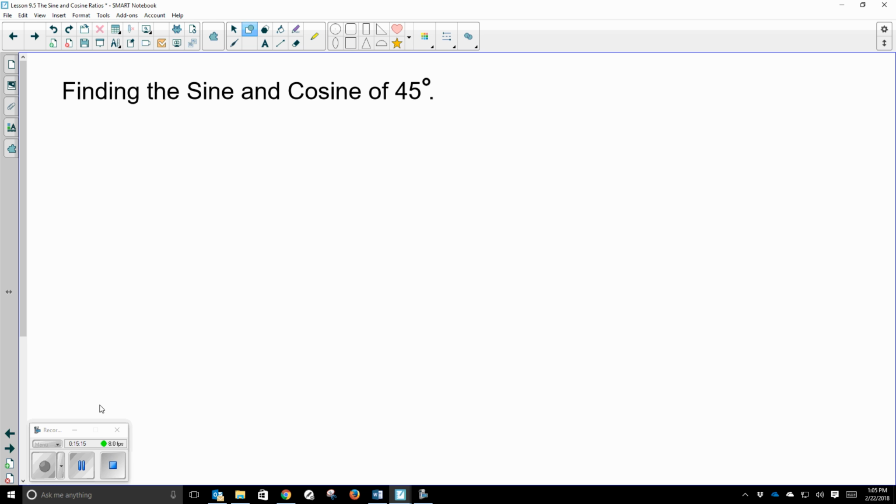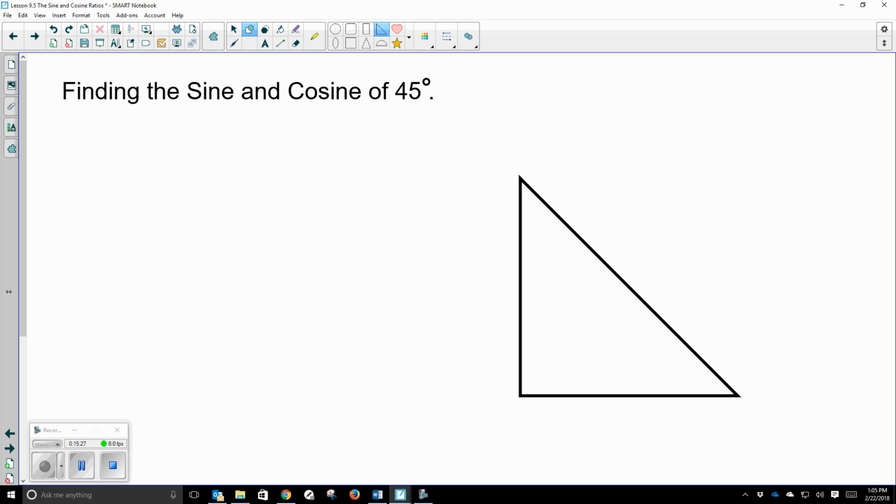Because of what? It's a 45, 45, 90. If we're trying to find the cosine of 45 degrees, then that means we have a 45, 45, 90. I'm not going to label both. I'll just label one. So there is a way without a calculator to find it.